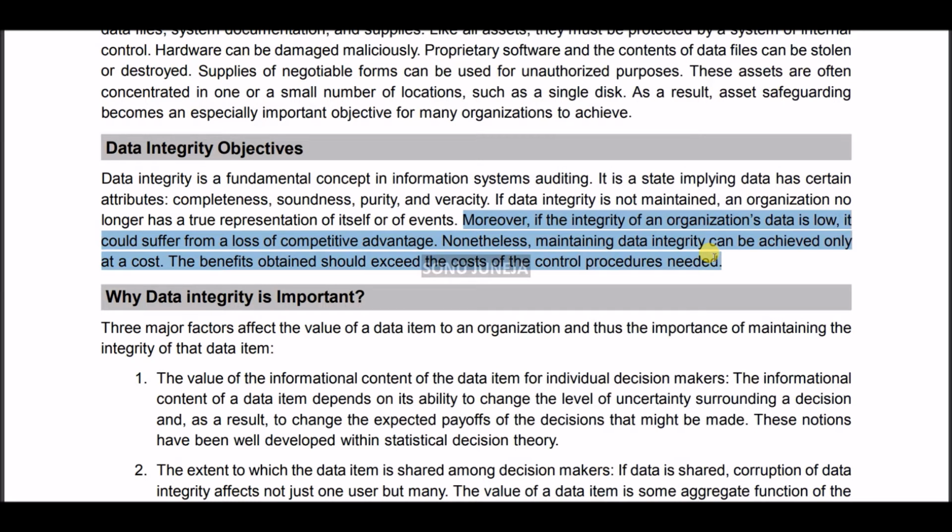This should not be considered a cost, but an investment, because it should make sure that your data integrity objective's benefit exceeds the cost. The more the benefit, the less the cost, and consider it more as an investment.